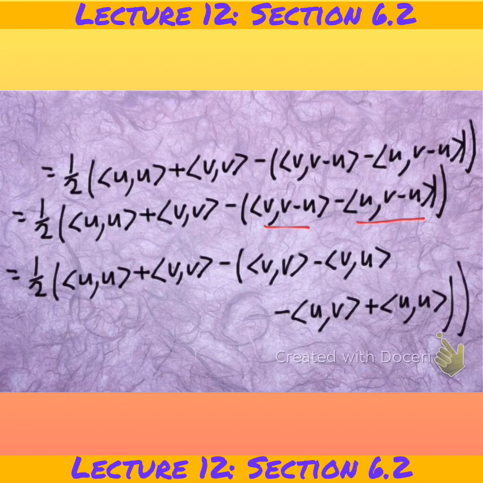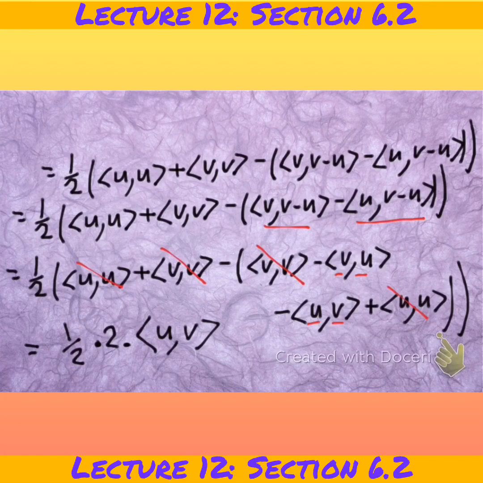Now from this we can see that this real number cancels with that real number, and that real number cancels with that real number. We are then left with a half times 2 times the inner product of u with v. Remember, the inner product of v with u is the same as the inner product of u with v.